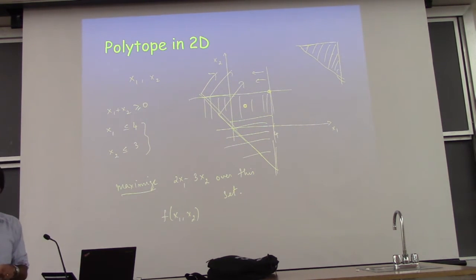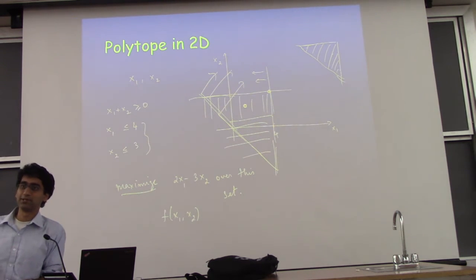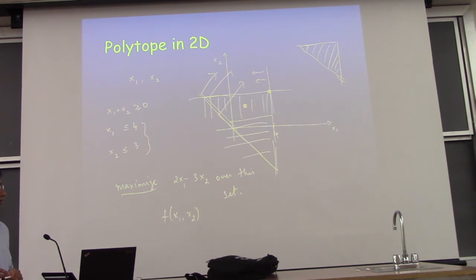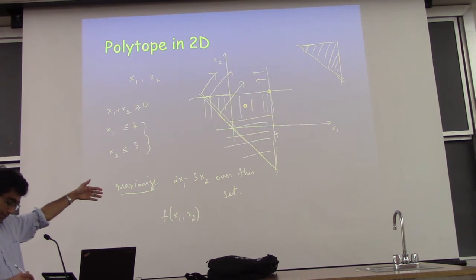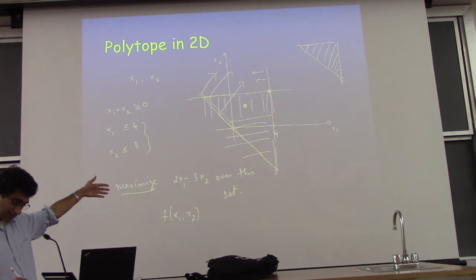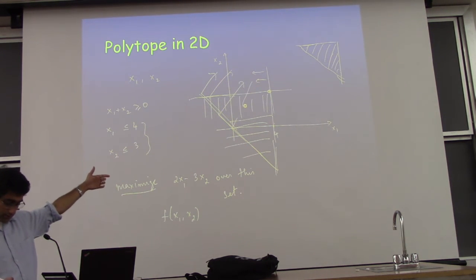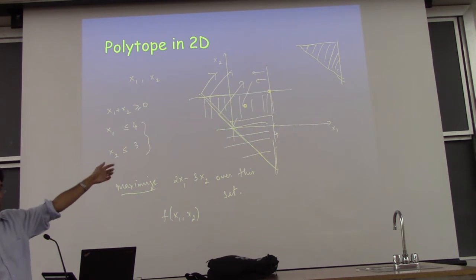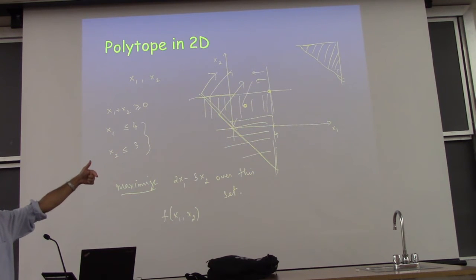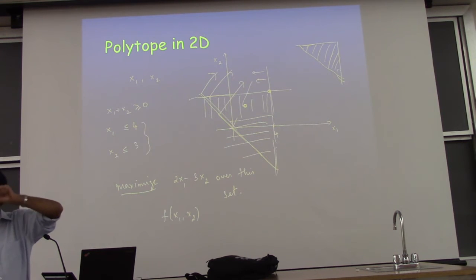Okay, so since it's a linear function, it doesn't matter if you minimize or maximize. Like x2 has to be negative. Yeah, so this function, if you want to maximize it, somehow the slope of this looks, I guess, like this. So you would want to go in this direction, right? Or yeah, in the direction of negative x2 and positive x1, right? That's the direction that maximizes this function.